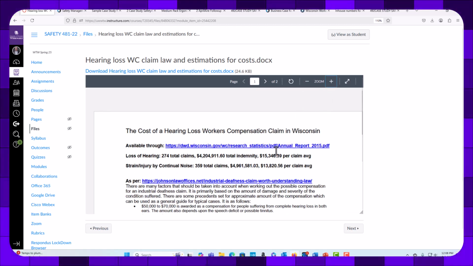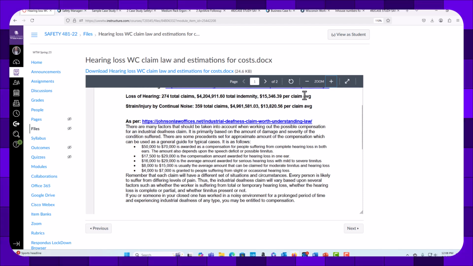Okay, so for a company, they want a justification for why they need to do something about the high noise in their work environment. And so I generated this cost of hearing loss based on workers' compensation claims in Wisconsin, provided my links and everything, what the average might be, what the strain injury continuous noise would be for a cost.